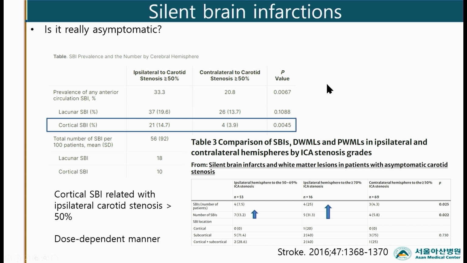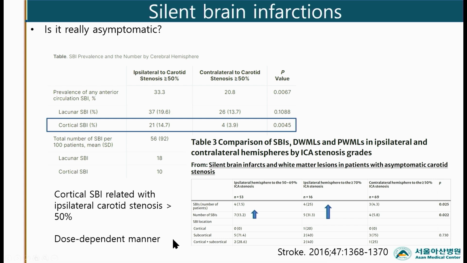So I would first talk about silent brain infarctions. There are some cortical silent brain infarctions which we can find from health checkups, and the rate of silent brain infarction is not so low. If the patient has an ipsilateral carotid stenosis of more than 50%, about 15% of patients may show a silent brain infarction.